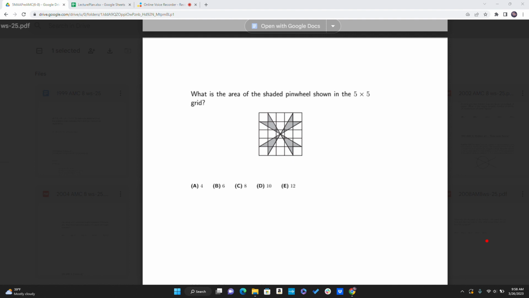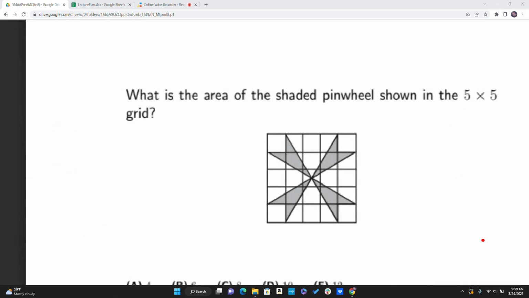Okay? Well, let's look at part of it at a time. Okay, so we've got a 5x5 grid, so the total area of this is 5 times 5, that's 25. Okay, and now to find the area of the part that's shaded in, we could take away the part of the area that's not shaded in, and then we're left with just what's shaded, right?